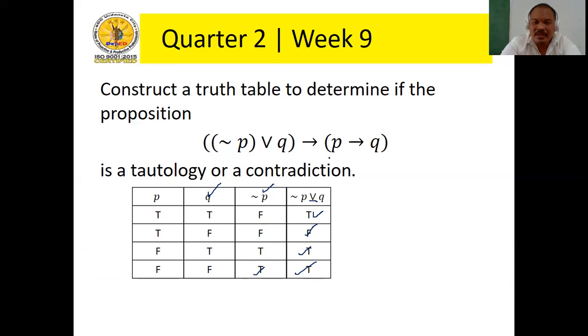Next, we have here P implies Q. So this is biconditional. So this will be your hypothesis now. Okay, so this will be your hypothesis, and this will be your conclusion. So P, then Q. So let us erase this.